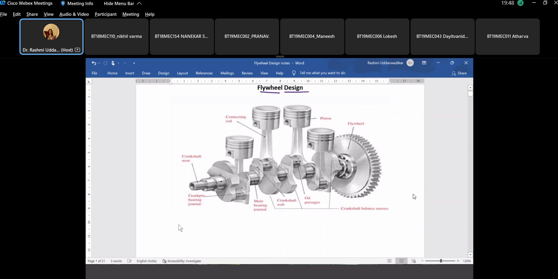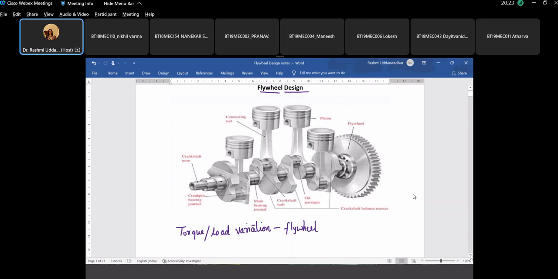Whenever there is variation in the torque or the load, the external load variation or the torque variation, flywheel comes into picture. Not all operations would be of a kind where the torque is varying or the load is varying.